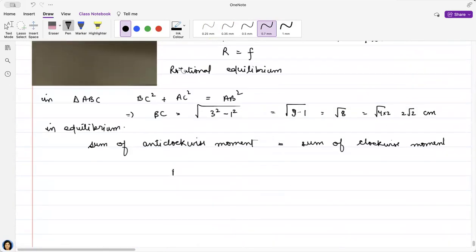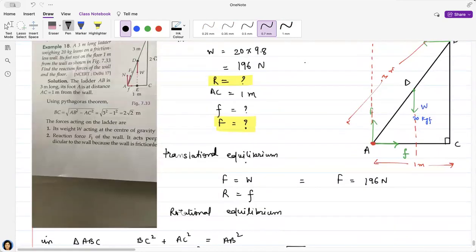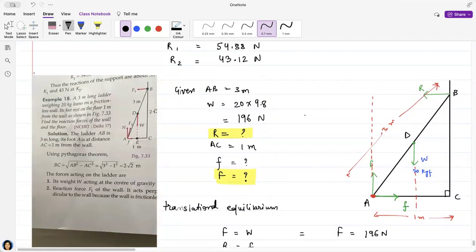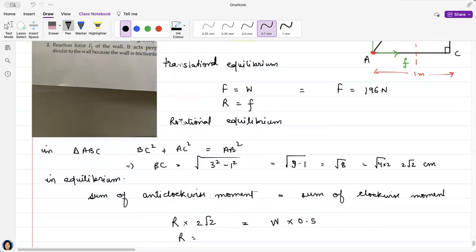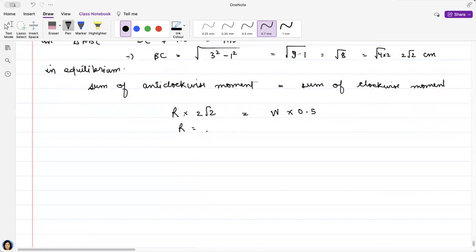So R into 2 root 2 is equal to, now this is trying to move it in the clockwise direction, which is W, and the distance is half of AC because it is acting at the center. So I call it 0.5. So W into 0.5. So the value of R comes out to be W, which is 196 Newton, into 0.5 divided by 2 root 2.